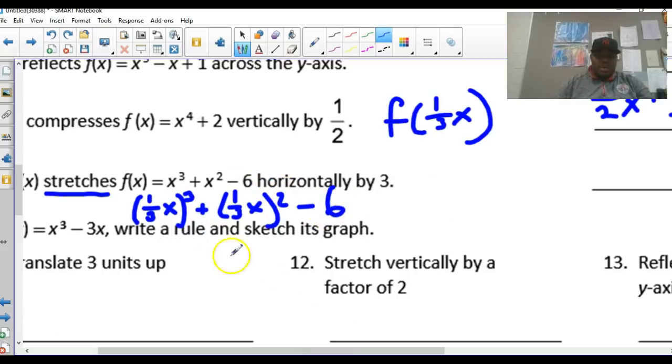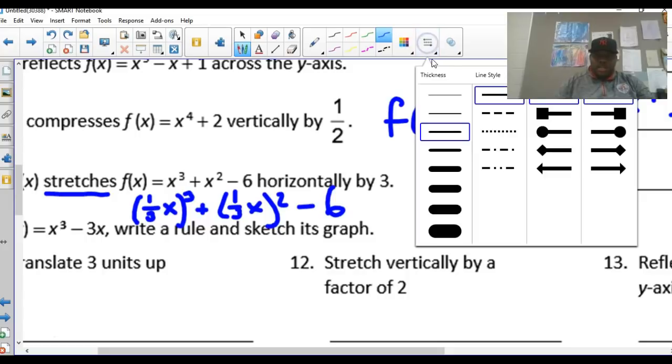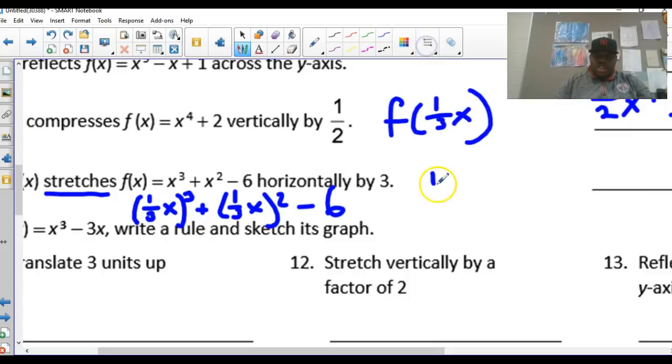So when you cube this, 1 cubed is 1, and 3 cubed is 27, and x cubed is x cubed. So 1/27 x cubed. That was the school bell. And then let's keep going.